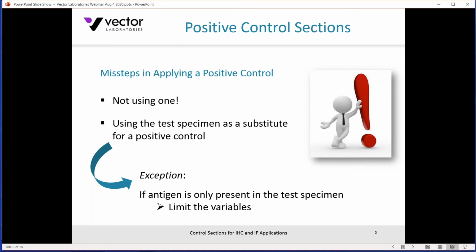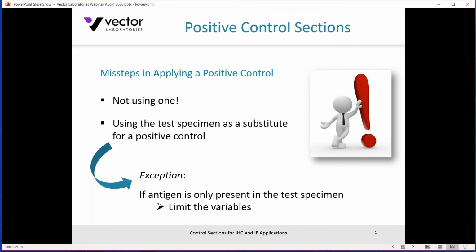Are there any epithelial cells where you could use a cytokeratin? Are there any smooth muscle cells in that same section where you could use an actin or a desmin or something like that, that you could then use a primary antibody of the same species as that target antigen, the same isotype, and use the same secondary detection reagents to then show that all of those are working in that test specimen, that it's been antigen retrieved appropriately, it hasn't been overfixed, those sort of variables.